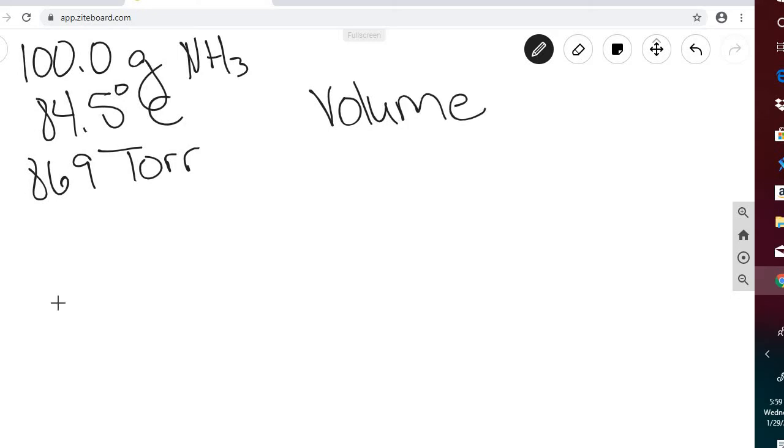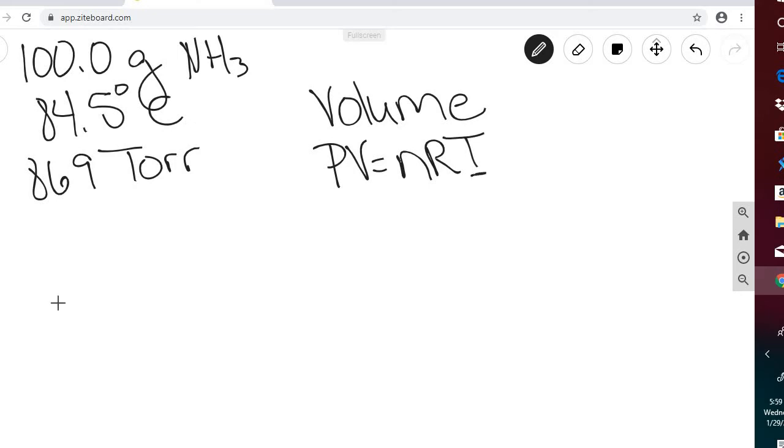Okay, we can't use the combined gas law here. We're only given one temperature, one pressure. So that means we have to use the ideal gas law to answer this question. PV equals nRT. We're given temperature. We'll have to convert it to Kelvin.